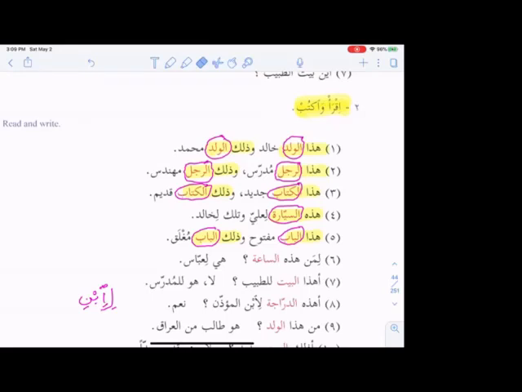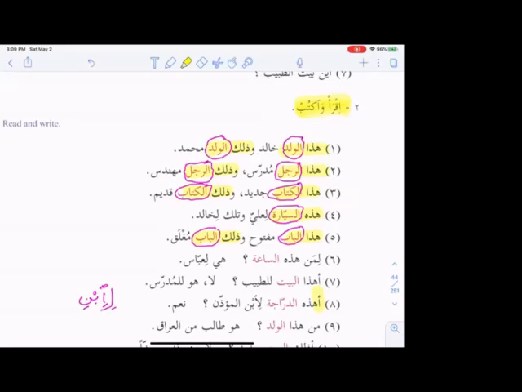هذه الدراجة لابن المؤذن. This is a question. Is this bicycle that of the son of the muezzin? No. Man hadal waladu?